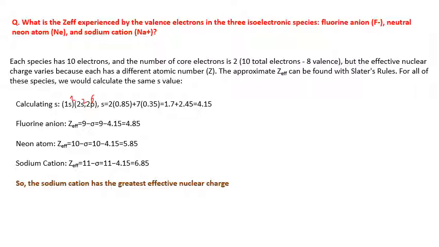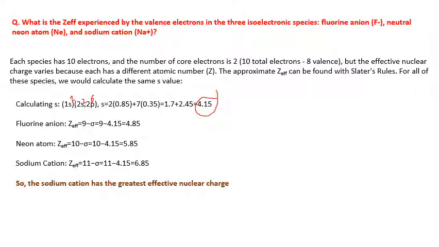For the 2s2p series, apart from the electron of interest, you have to count the other electrons that contribute. Although there are 8 electrons, apart from the electron of interest, the 7 electrons contribute 0.35 each, and the core electrons contribute 0.85 each. So 2 into 0.85 for the core electrons, plus 7 valence electrons into 0.35, we get the value 4.15. This is the fixed value for all three species.